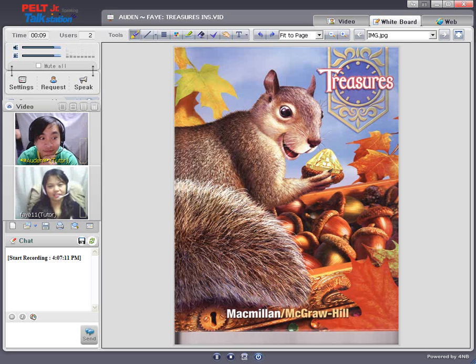Actually, it depends on the level of Treasures. For Treasures 2.1, mostly 8 years old to 10. We have our categories from 4 years old to 10 years old for young kids.